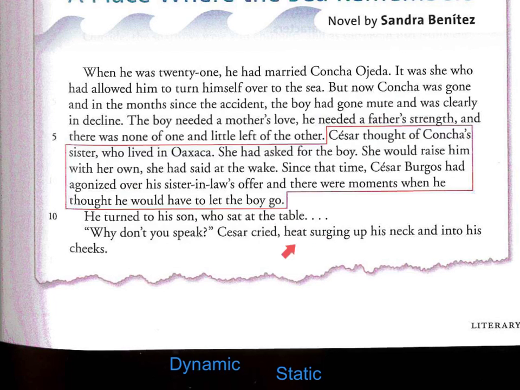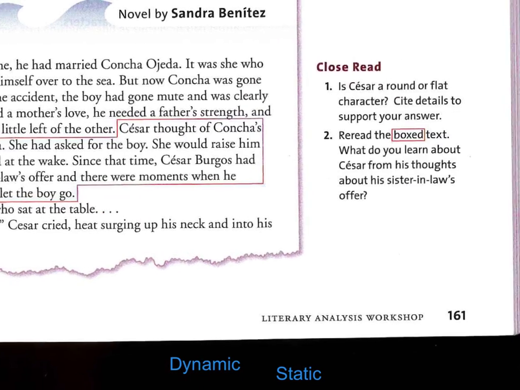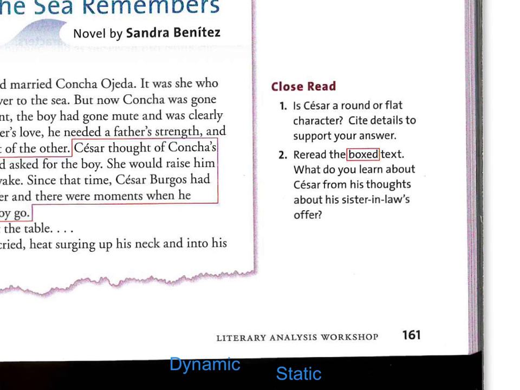I think he said heart. His heat surging up his neck and into his cheeks. Okay, so he has more than one emotion. He is more complex, I would say. So is he a flat character or a round character? Right, he's a round character.